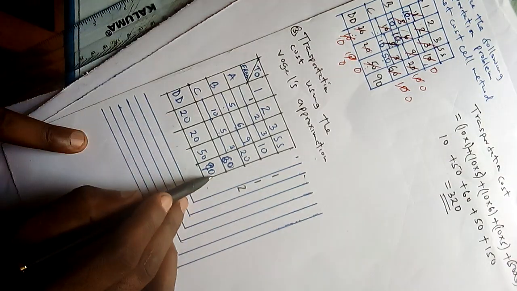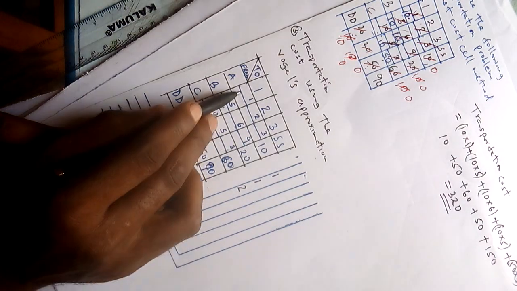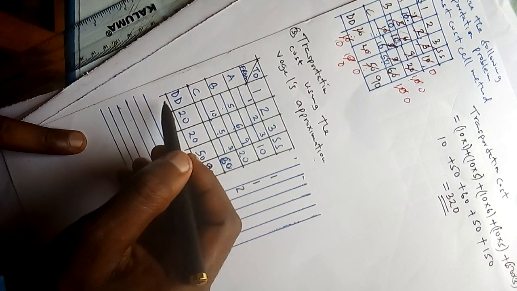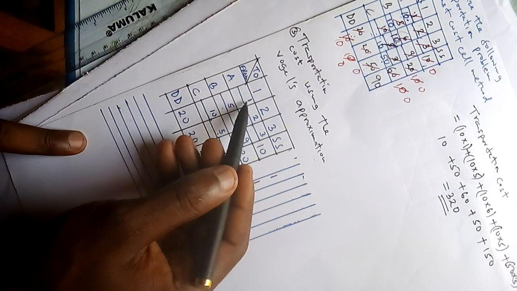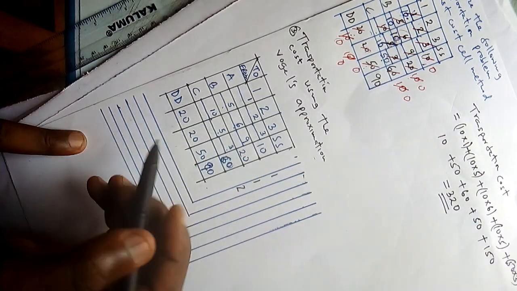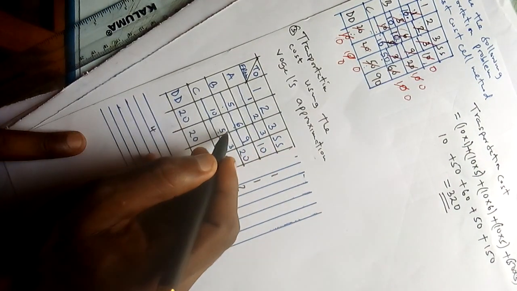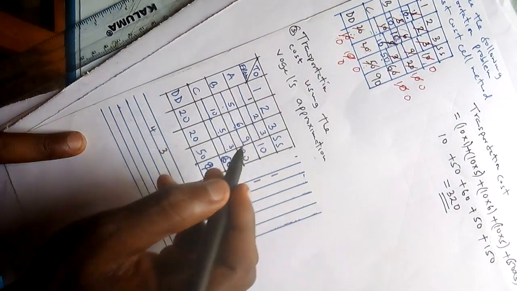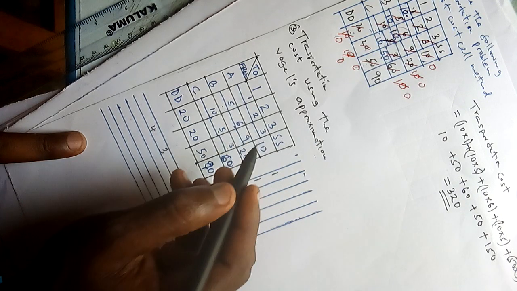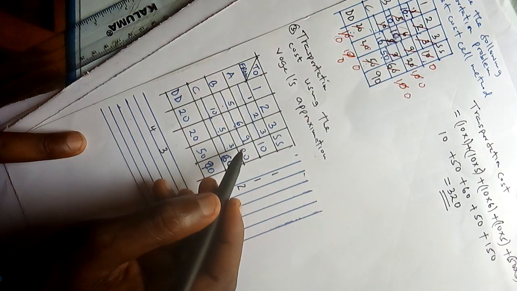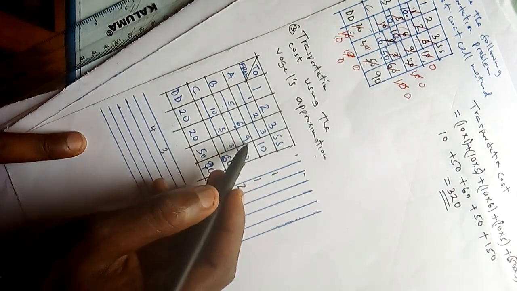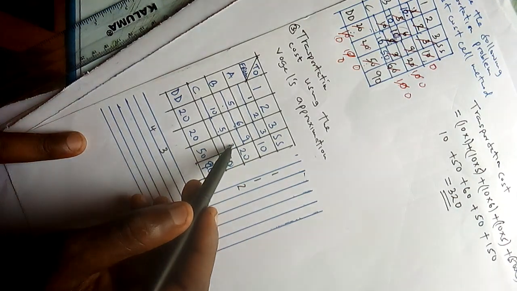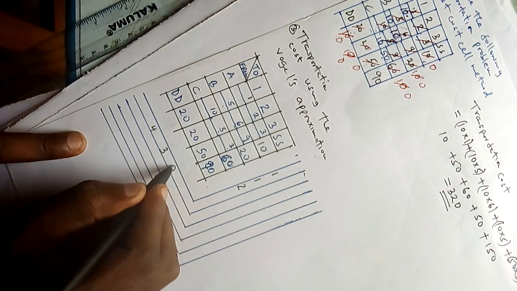So we are done with the rows. Then we move to columns. So columns here, the least is 1, second least is 5, so the difference is 4. Here the least is 3, the second least is 3, so that is 0.